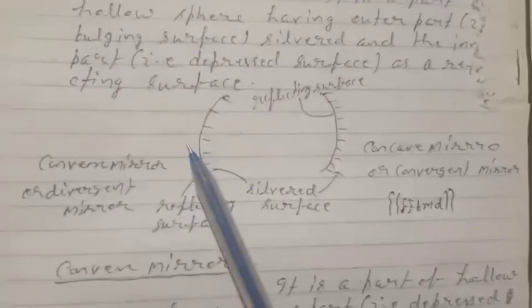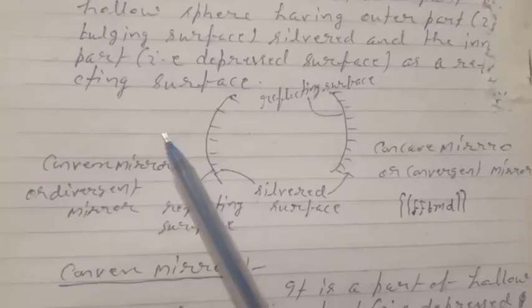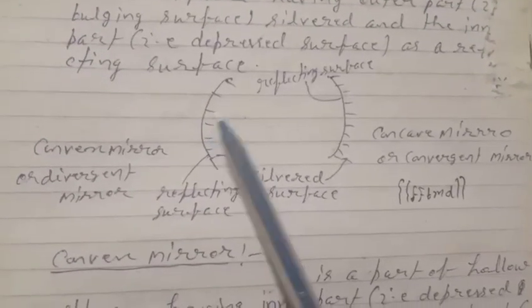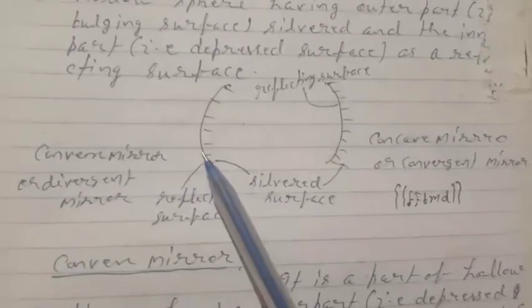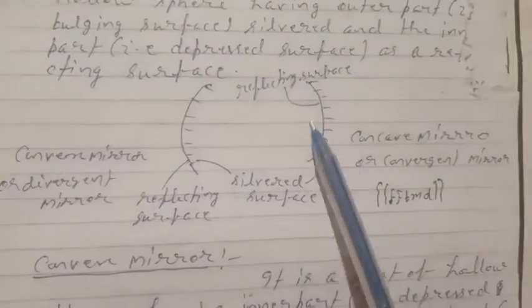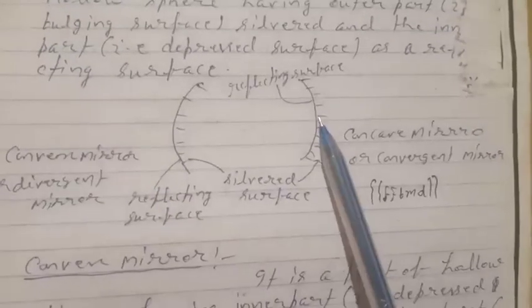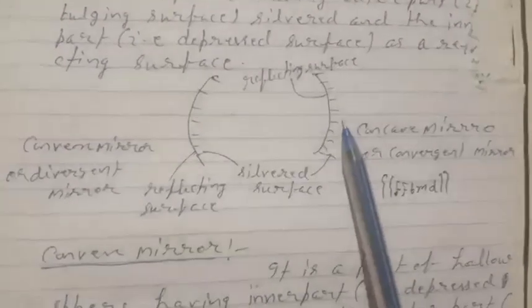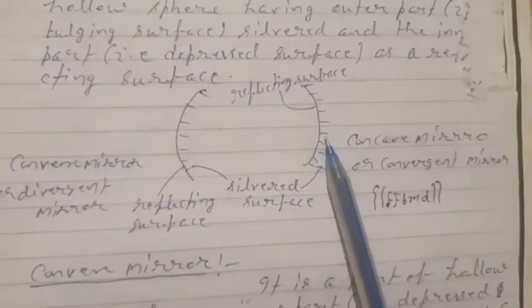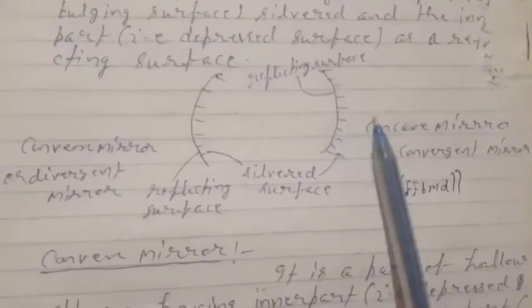And in this case bulging part is reflecting and depressed part is silver, so this will be called convex mirror. In this case this is the reflecting surface and this is the silvered surface, that is no reflection takes place from the side of silvered or polished surface.